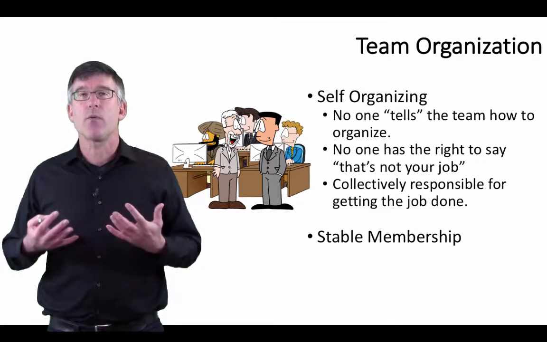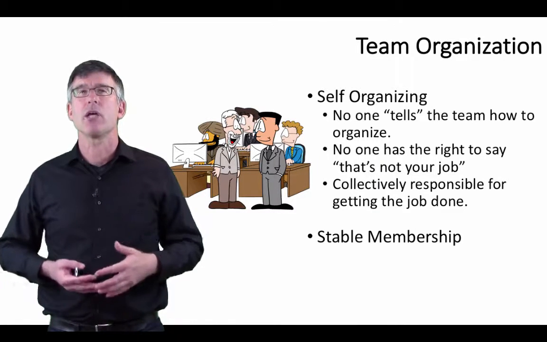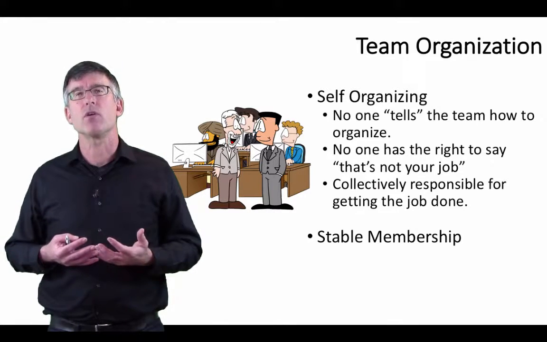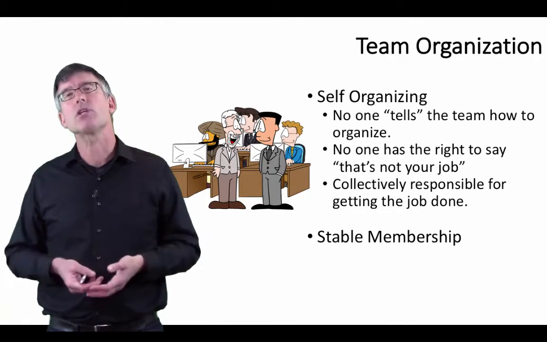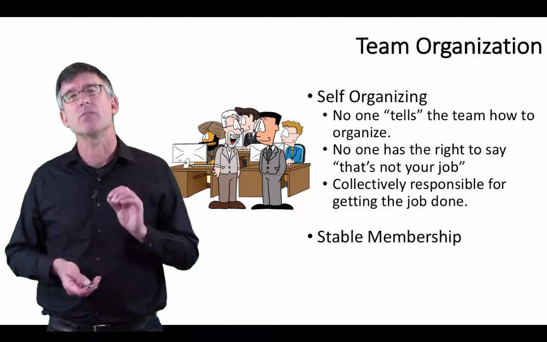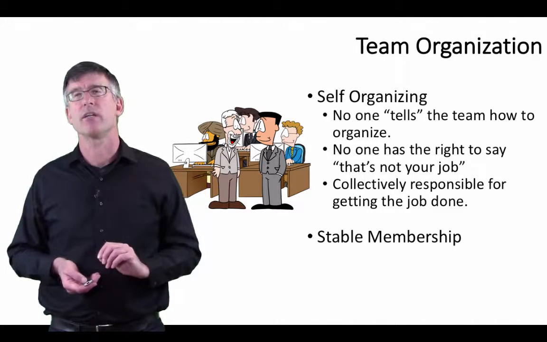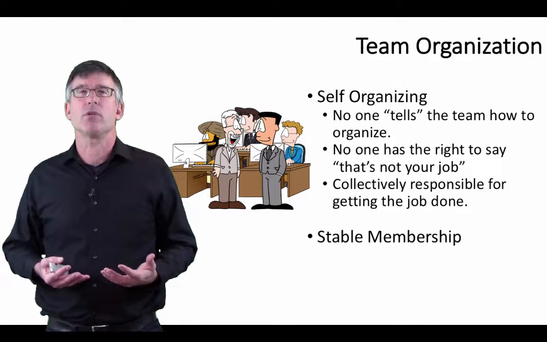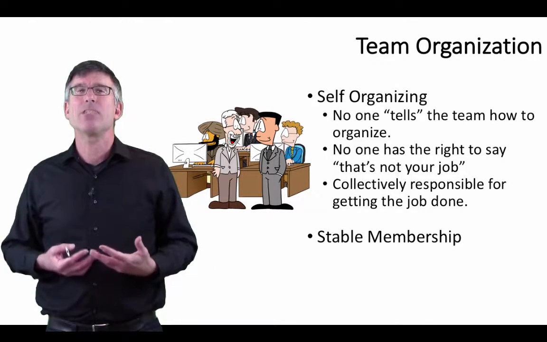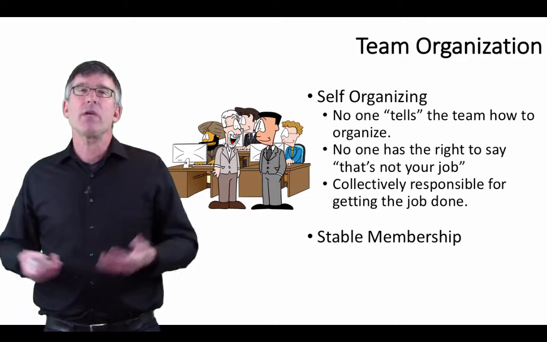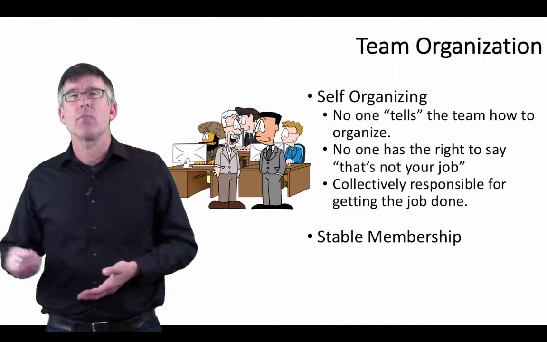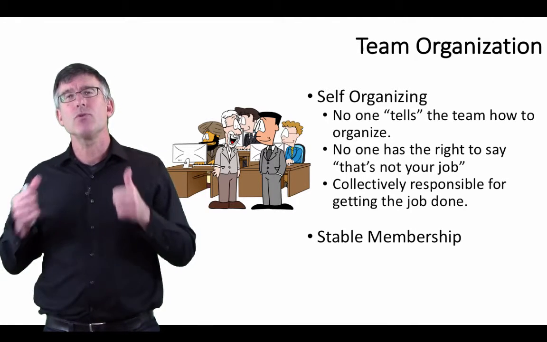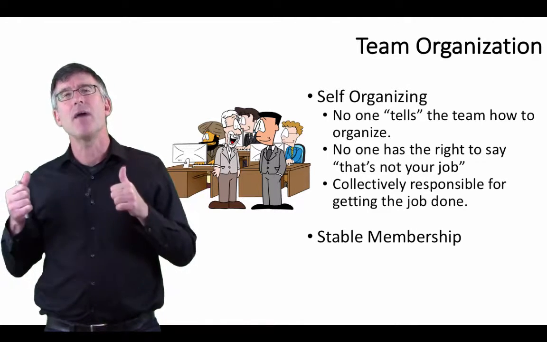So we are all team players here, and we need to look at it from the point of view that there is no such thing as personal property here. The team self-organizes, we get the job done. We have collective responsibility for getting the job done. This means that you may finish a piece of work, a backlog item, and you may go, woohoo, I'm done. I'm great.